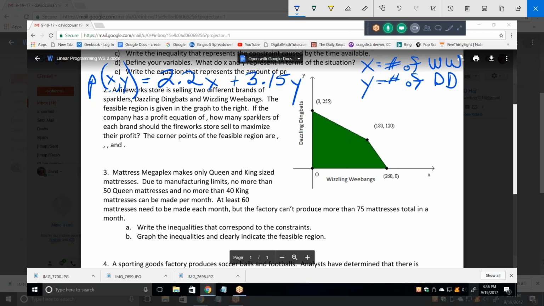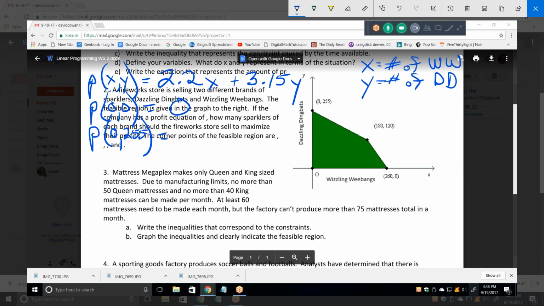If that said p of x, then I would only find x's on the right side of the equation. But it doesn't. Okay, so let's start with the easiest point, the lower left. What is our profit when we sell 0 of each? Nothing. Let's go clockwise. What is our profit when x is 0 and y is 255?